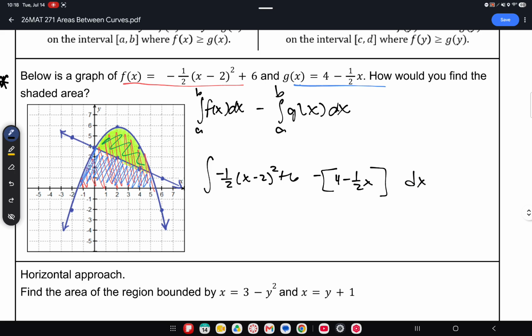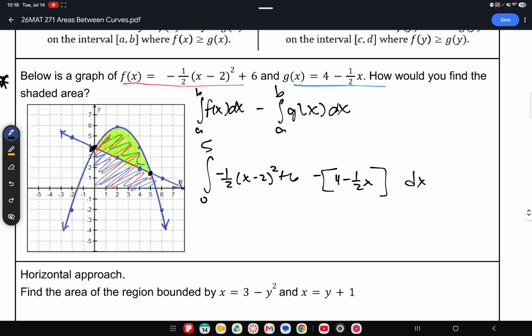And then I'm only looking at from where they intersect. So from here to here, which looks like from 0 to 5. And I definitely colored in some extra pieces here. Let's see, red could be this one, and then blue is this one. A bit more of an accurate drawing there.